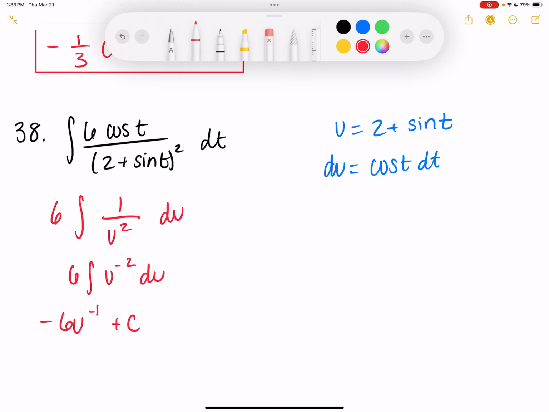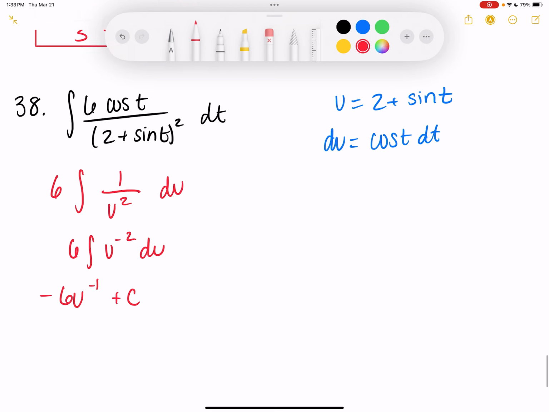I meant to leave room and I forgot. So then replace, and I would move this piece back to the bottom as well. So I'm just going to do it in one step. So negative 6 over 2 plus sine of t plus c.